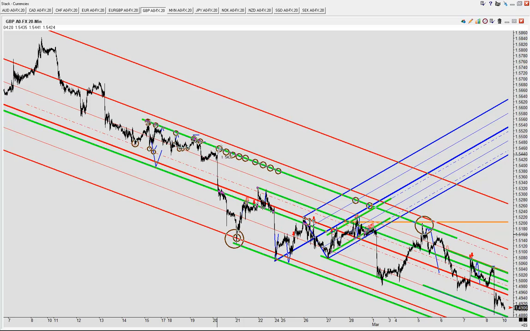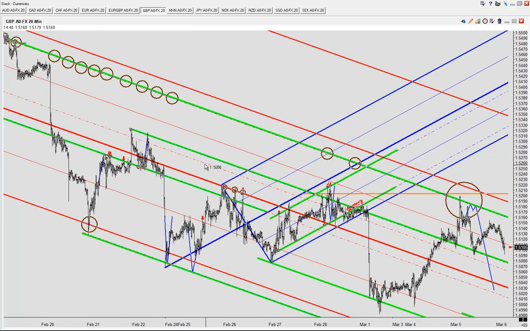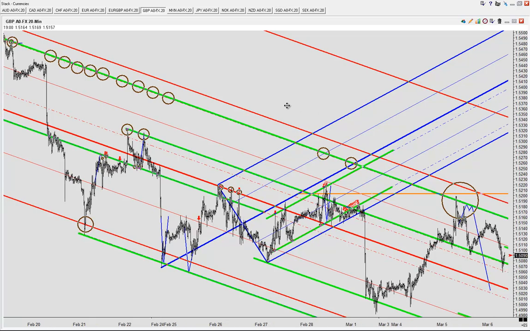So the British pound runs, takes a bit of a breather. And the treadmill pushes the pound back up into this area here. And by the way, even that particular move up there, again, is hitting sliding parallel in line with the slope of the fork, here and here.